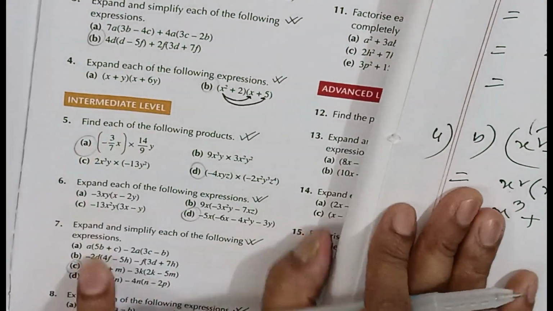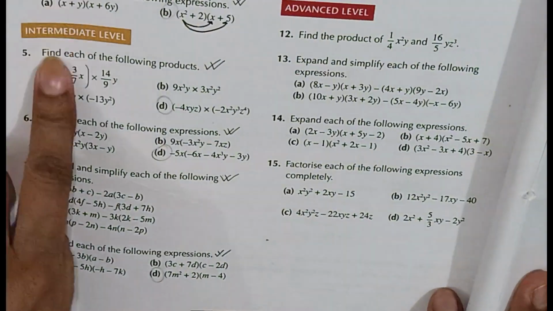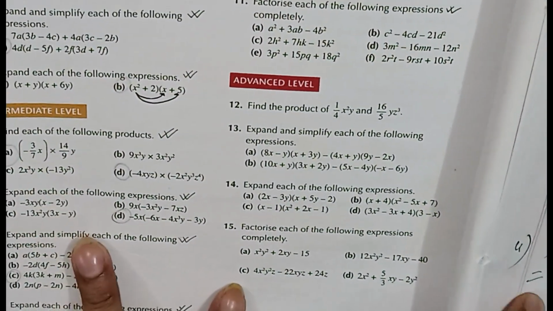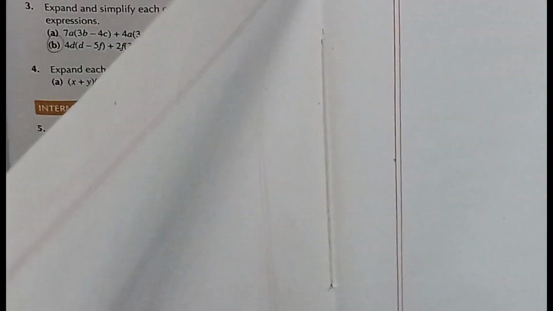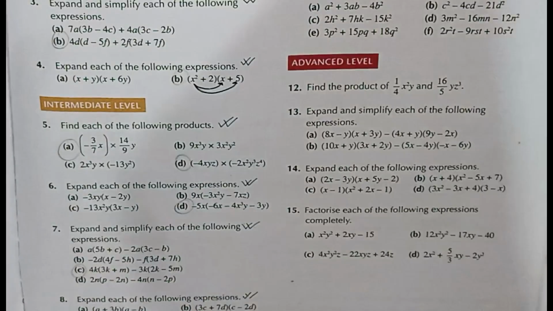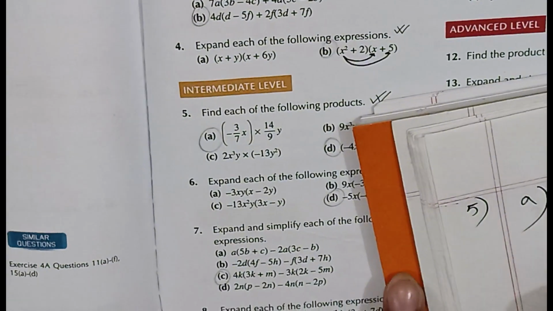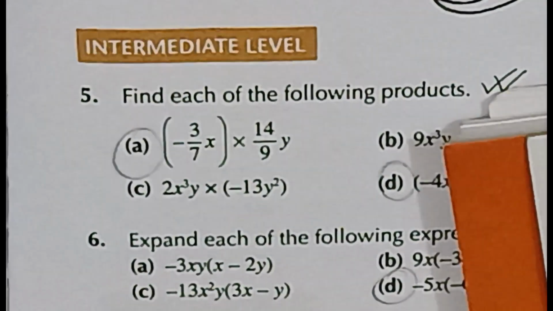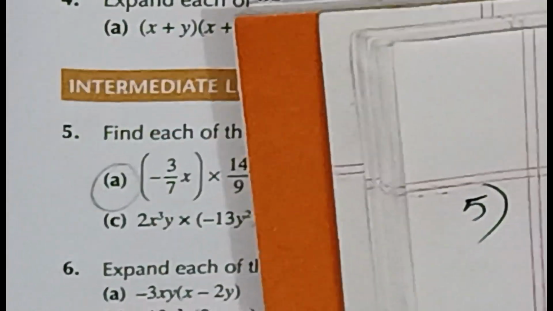So intermediate level, same this maths. Find each of the following products. 5 is just like 1 of number 4. So I will try 5. Minus 3 by 7x into 14 by 9y. At first we remove the bracket. 3 by 7x into 14 by 9y.